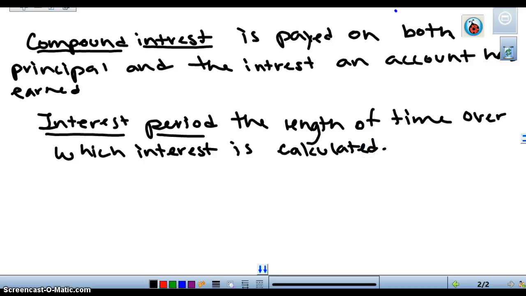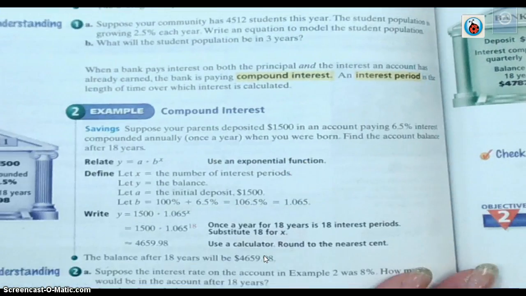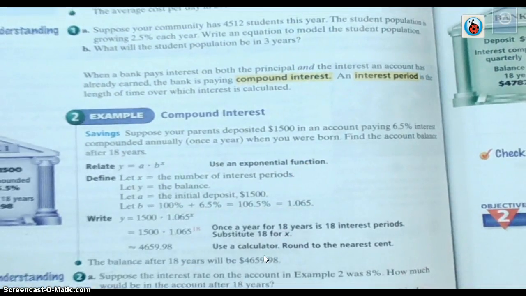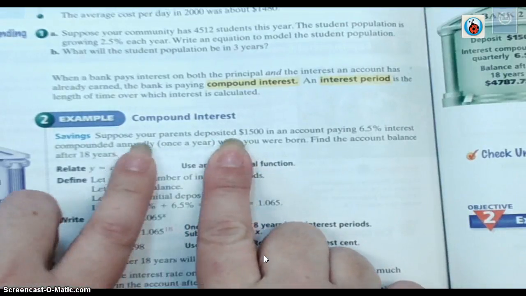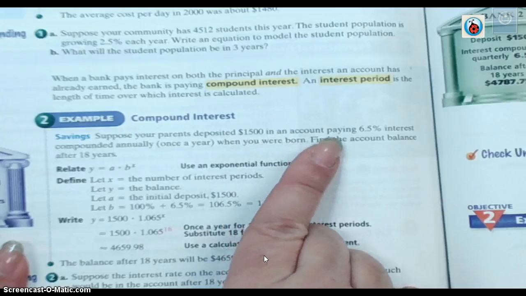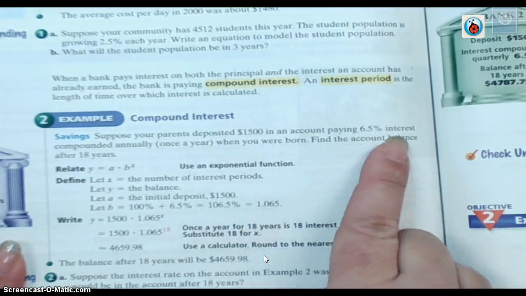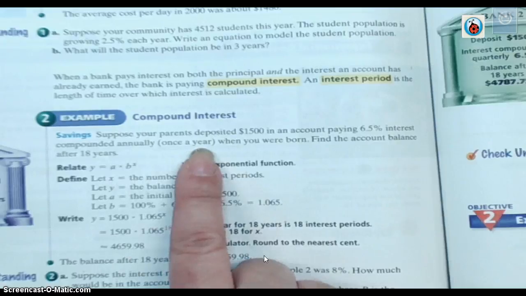So let's say, take a look at this one. Suppose your parents deposited $1,500 in an account paying 6.5% interest compounded annually, once a year.